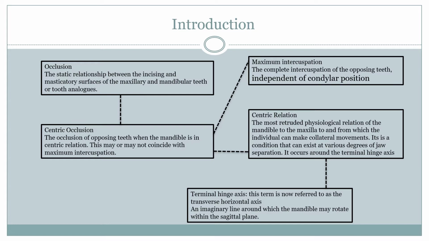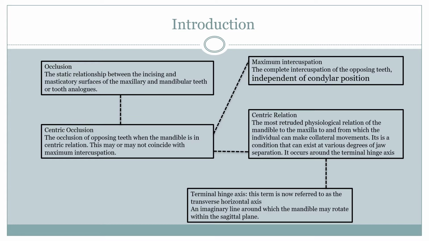But that is something to do with a static relationship. To define the concept of occlusion, it is something more than just the static relation. I would rather say that it is a dynamic relationship between the incising and the masticatory surfaces of the maxillary and the mandibular teeth analogs.